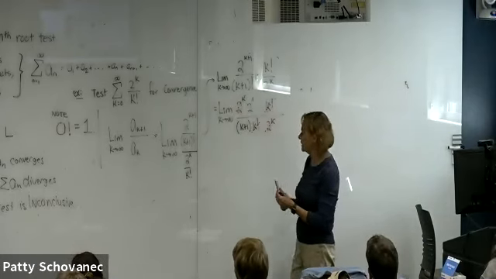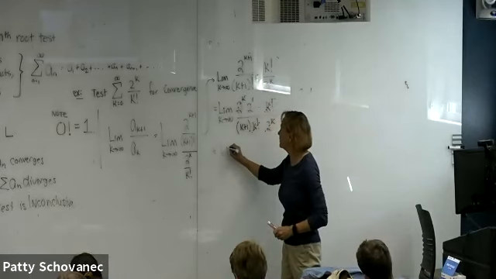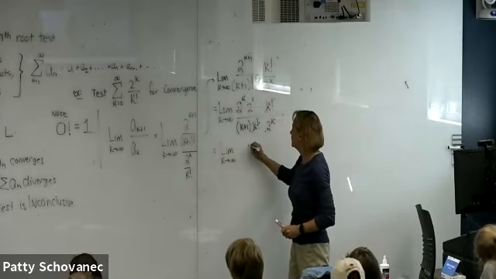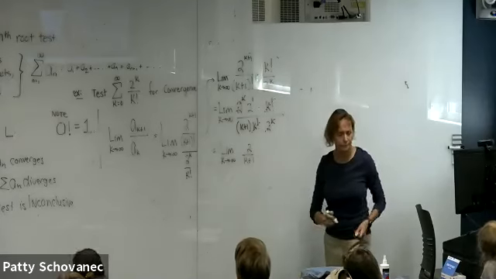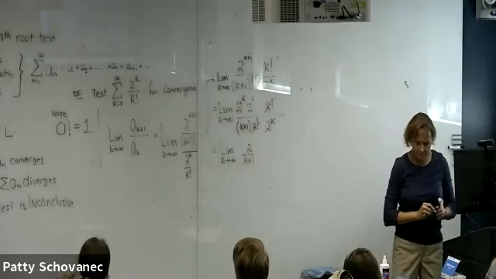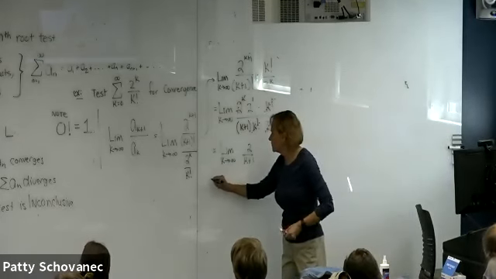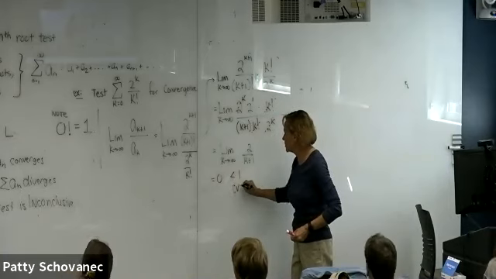And I'm taking the limit as k goes to infinity of 2 divided by k plus 1. What do you think? 0. The limit is 0. The limit is smaller than 1, so it converges.